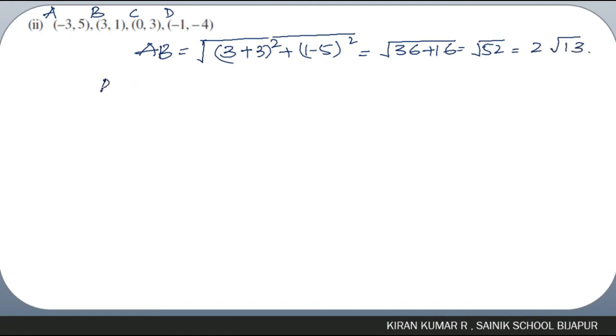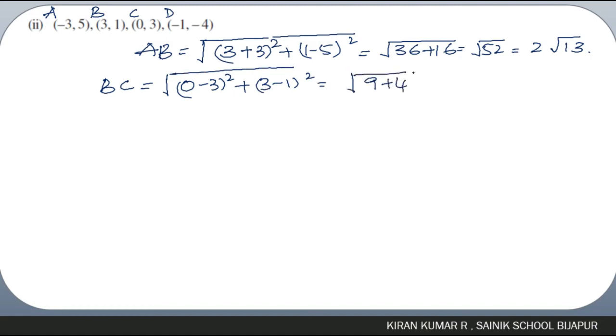Let's find out the length of BC. It is root of (0 − 3) whole square plus (3 − 1) whole square. We get root 9 plus 4, nothing but root 13. Let's find the length of CD.